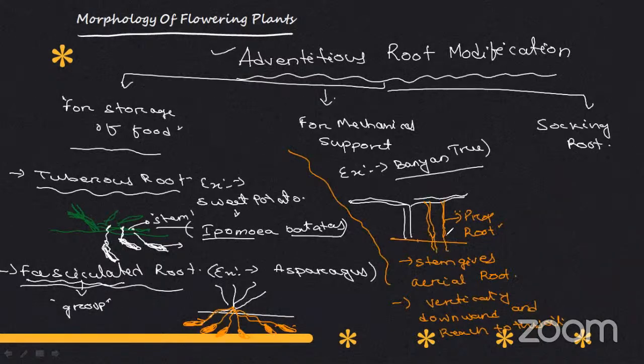Again, they enter inside the soil. So this kind of root is called your prop root, and these prop roots give mechanical support for the plant. Mechanical support means it has to stay straight on the ground surface, so it takes help from the prop roots that develop from the stem and grow downward towards the soil.